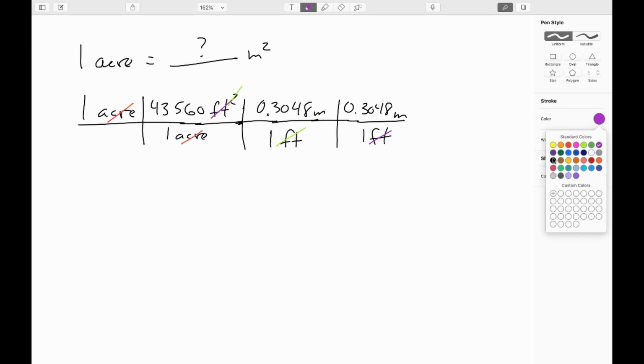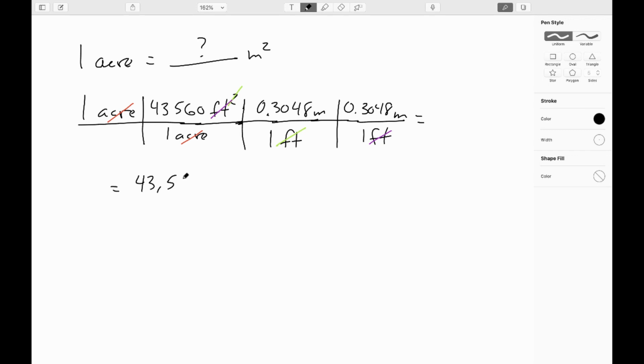So following our recipe, we're going to be taking 43,560 times 0.3048 squared, because we've got 2 of those powers, and don't forget your units.